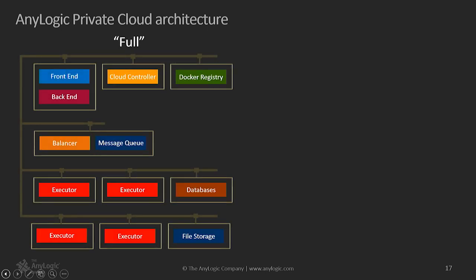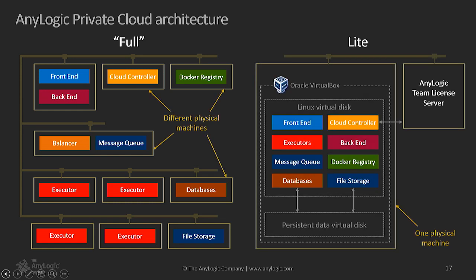Now, a few words about architecture, about how our clouds are organized inside. So we have two versions for full cloud. Actually, cloud is a set of services which are interconnected to each other and operate in parallel.